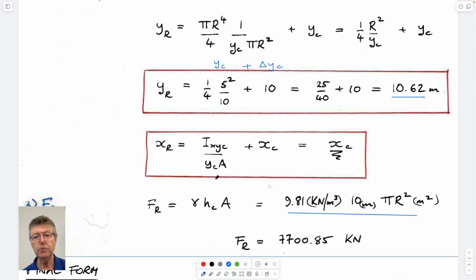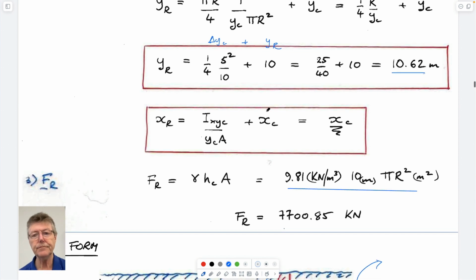Since the slope distance is actually 10 meters, sorry, I wrote that the wrong way around: delta yc plus YR, YC in my terminology. And therefore, this place where it acts is 0.62 of a meter below the centroid. And so we have that.